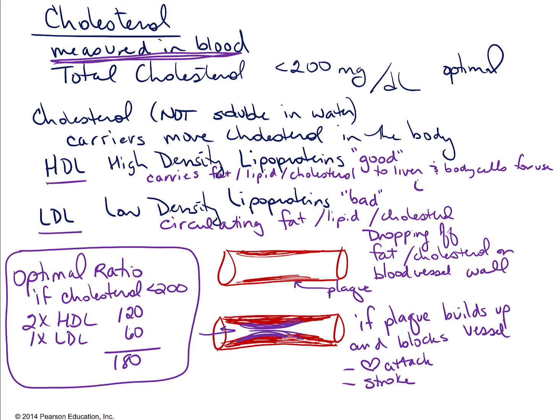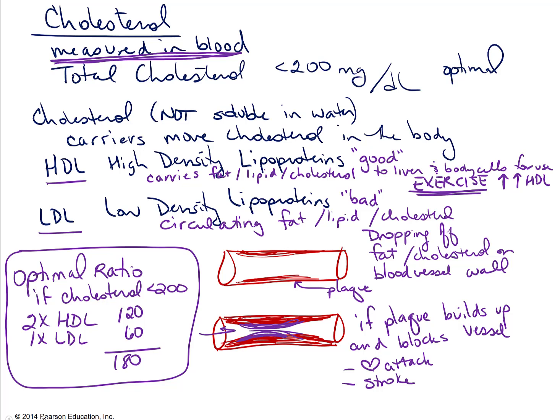So you find exercise actually increases HDL numbers because your muscles need more energy, and they'll take fat stores and send them to muscle cells in order to provide that energy long term.